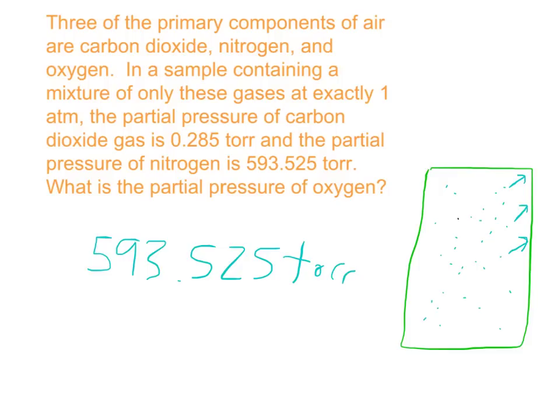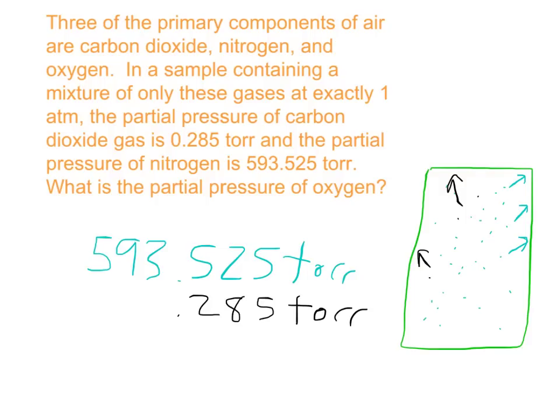The carbon dioxide gas I'm going to draw as black dots, and they're going to be hitting the walls less often, because there's less of them, and this is going to be a pressure of 0.285 torr, the partial pressure of the carbon dioxide gas hitting the sides of the container.